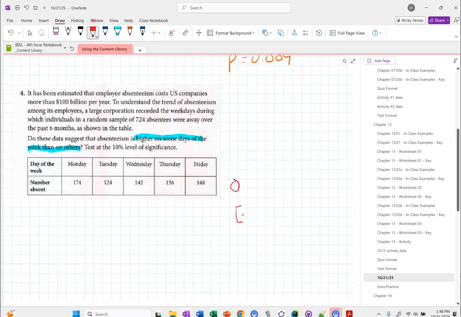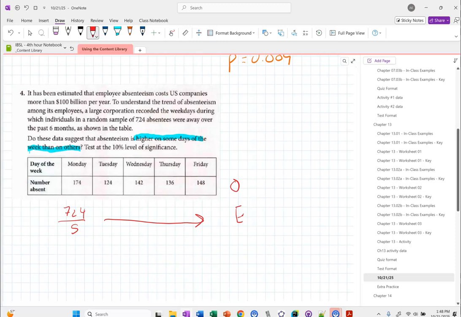How would I calculate the expected? 724 divided by 5 all the way through, right? Thank you, Quinn. 144.8 is the expected count for all 5 of them. And then you just grind that thing out on your calculator.